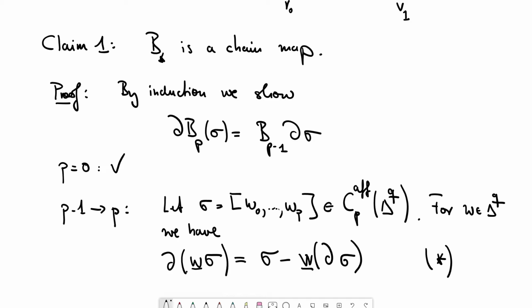So what's left is really minus W applied to the boundary of the sigma. Yeah, the minus sign is because now the first vertex W is taken out, right? So yeah, it's W applied to the boundary of sigma with a minus sign.